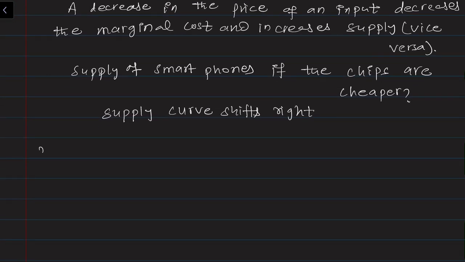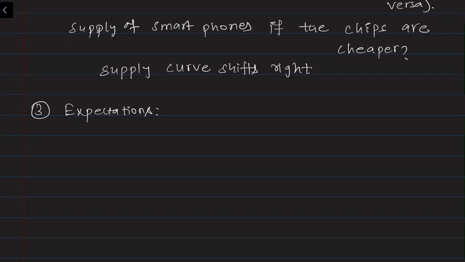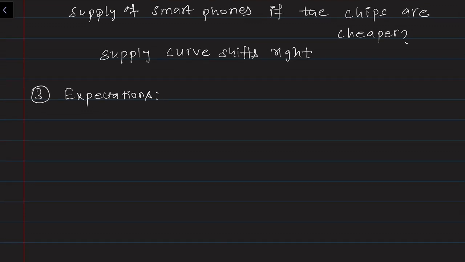Our third factor is expectations. The argument is basically very similar to the demand shifter. So whenever there is an increase in the expected price for a good in the future, the current supply of the good decreases, right?